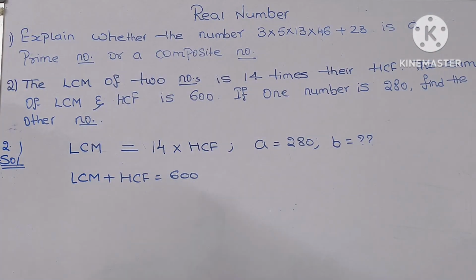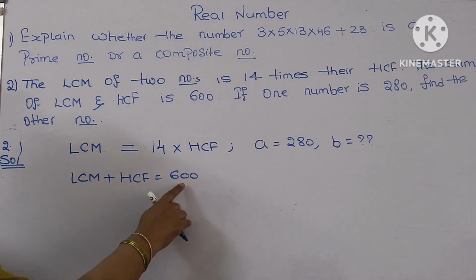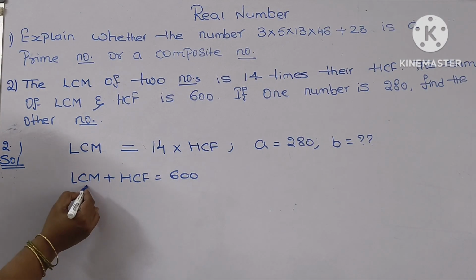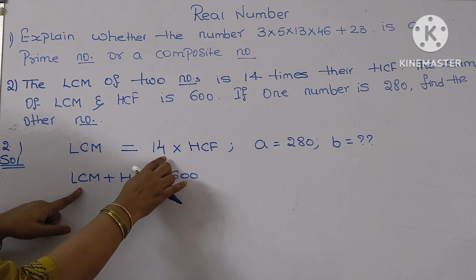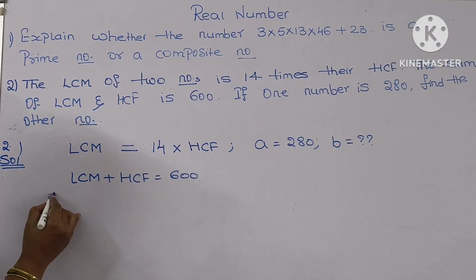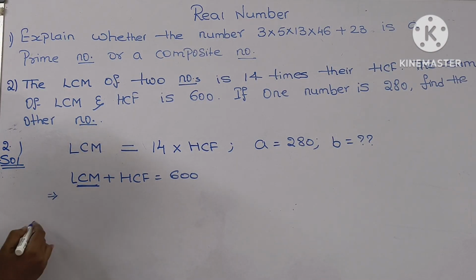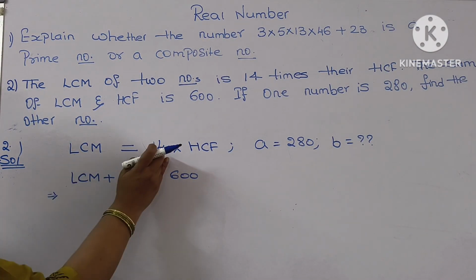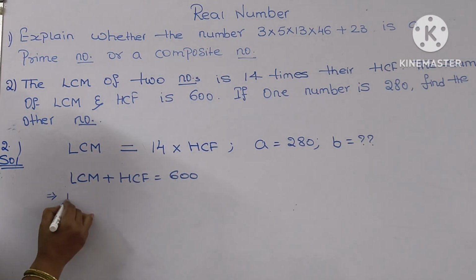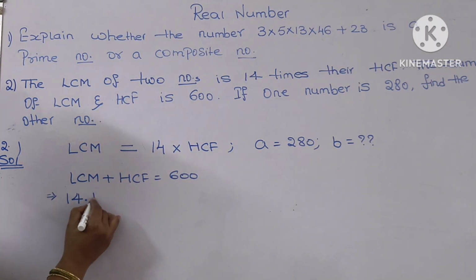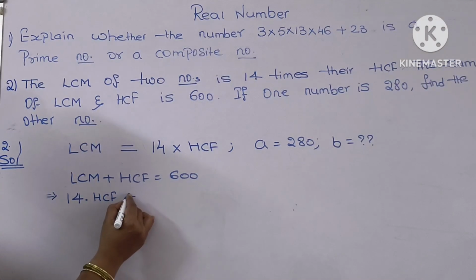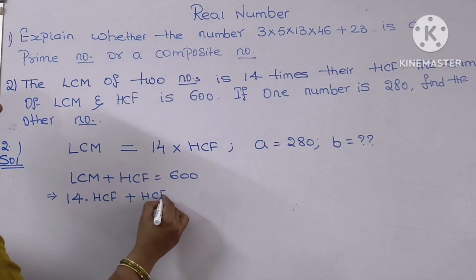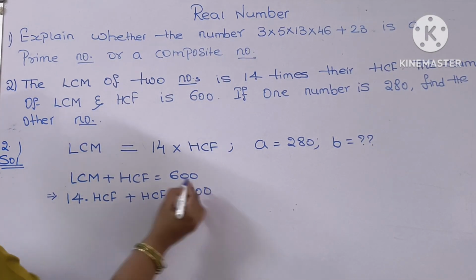Let us start with this. Given: LCM plus HCF is 600. But what is the value of LCM? LCM is 14 times the HCF. So instead of LCM, I will write LCM in terms of HCF: 14 times HCF plus HCF equals 600.